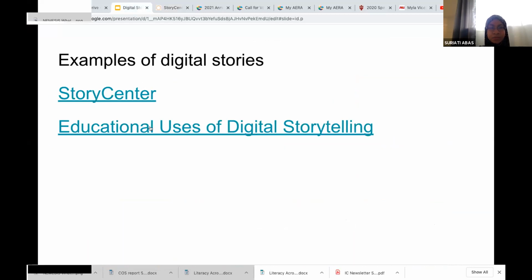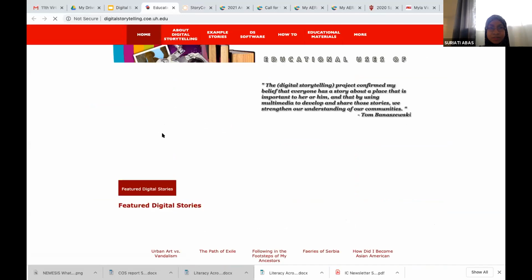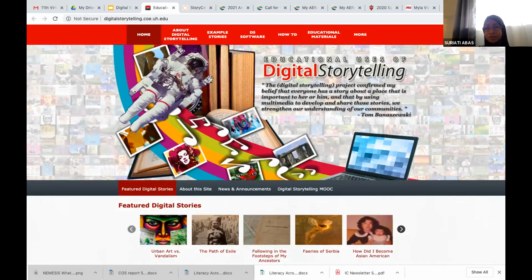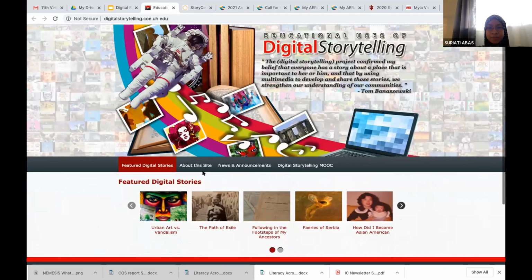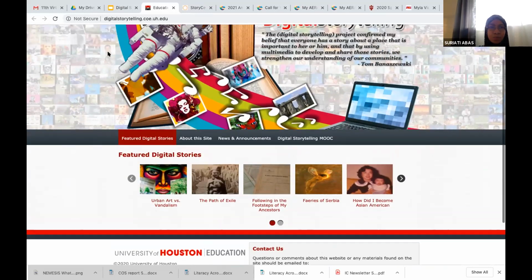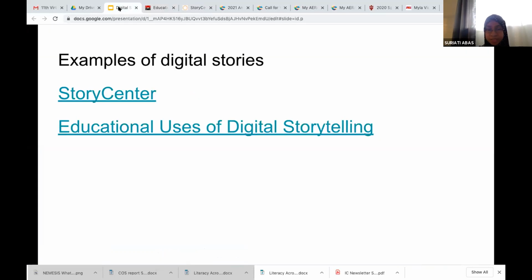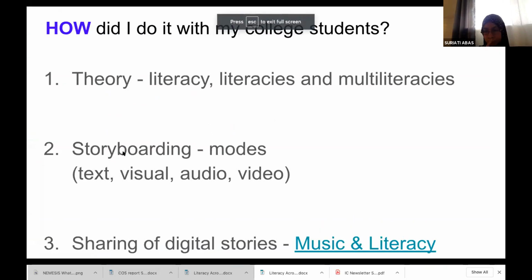And we also look at a website which is known as Educational Purposes of Digital Storytelling, to help students understand why they're doing this particular project. Now, because this course looks into perspectives to literacy education, students were told to create their own literacy autobiography.